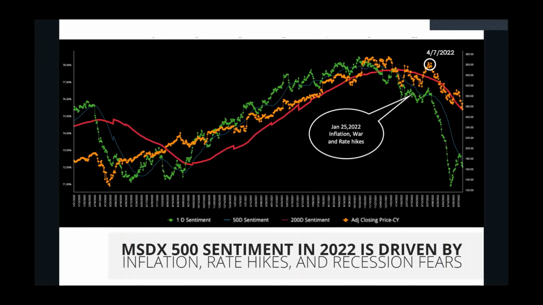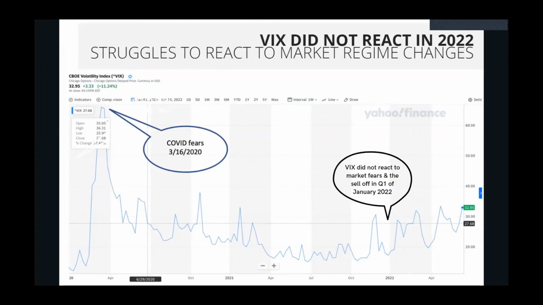So again, in this case, the StockSnips MSDX signal was a much stronger indicator of price action than the VIX, which you can see from the next chart, really did not provide any guidance. It was oscillating between 20 and 32 and did not react the way it reacted to the COVID fears.